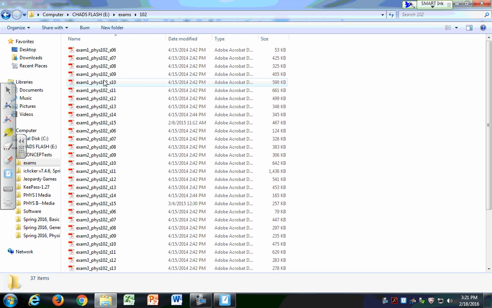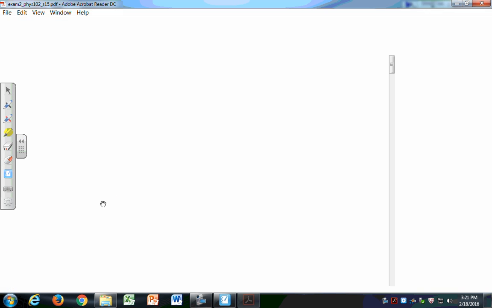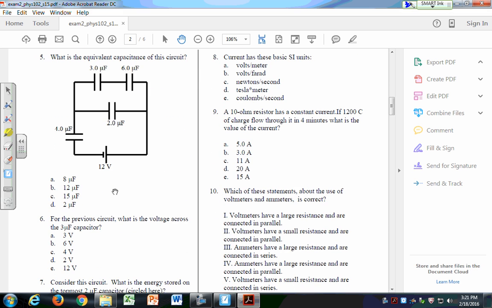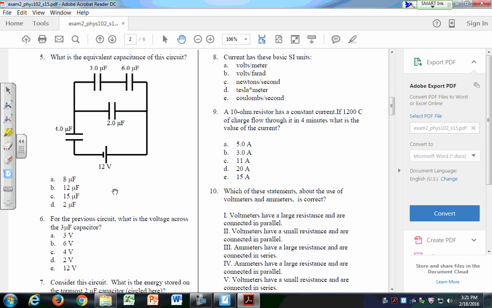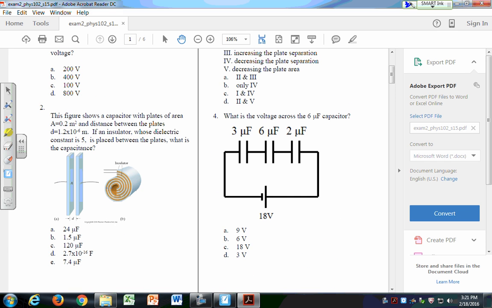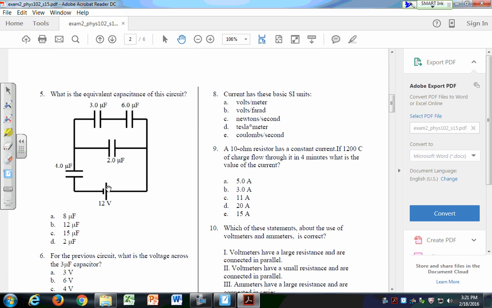Let's see, probably most of these are going to be exam 2. Let's do S15. Is this one we have in our book? I forget if we have spring 15 or not. Do you know?